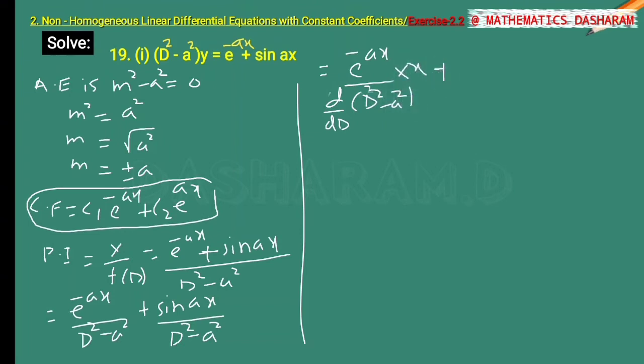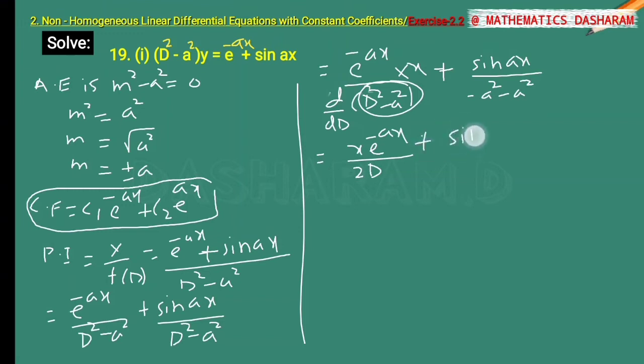Next, plus sin ax divided by d square minus a square; here at the place of d square you have to substitute minus a square. Then it is equal to x into e to the power of minus ax by the derivative of d square minus a square, which is 2d, plus sine ax divided by minus a square minus 2a square.